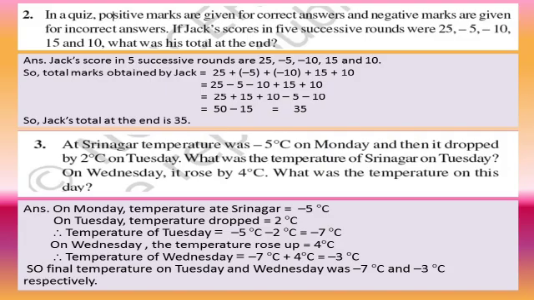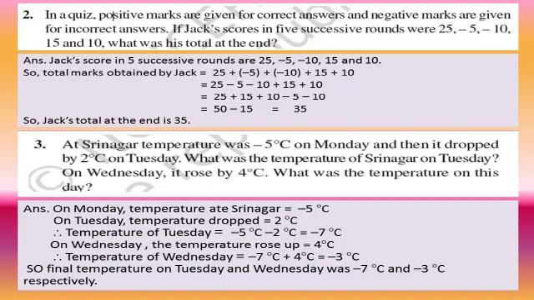Now in the next step, I am taking all the positive integers together and all the negative integers together. That is 25 plus 15 plus 10, they are all positive integers. Then -5 -10, both of them negative integers.